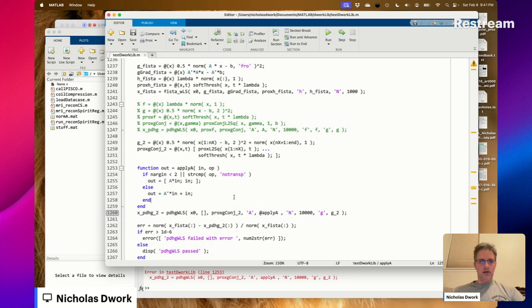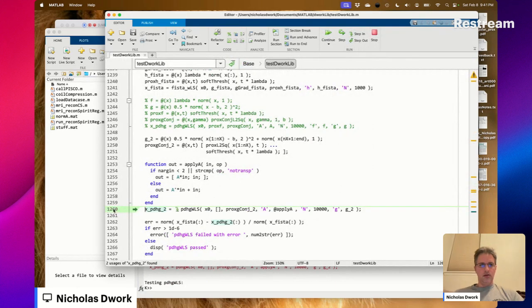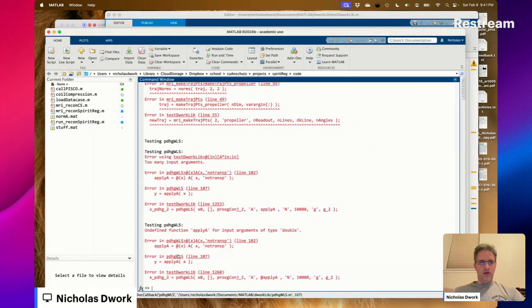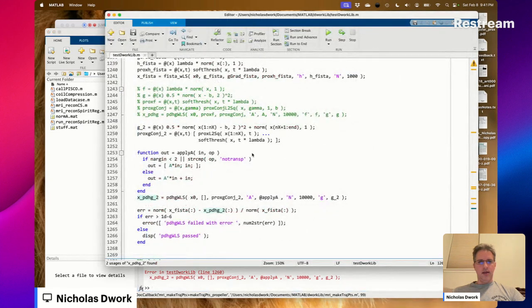It works. Undefined function apply A. Huh?